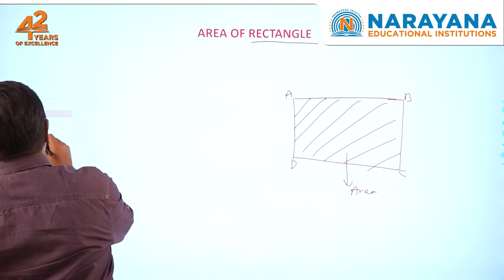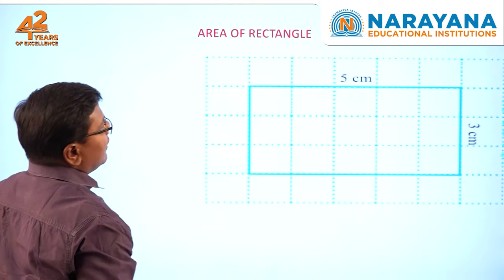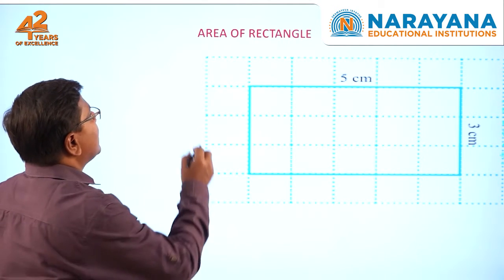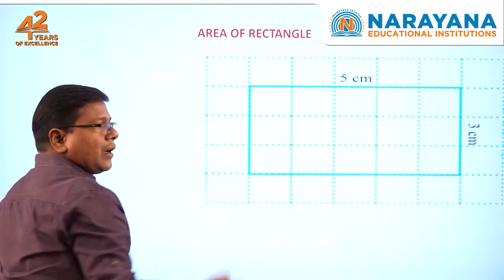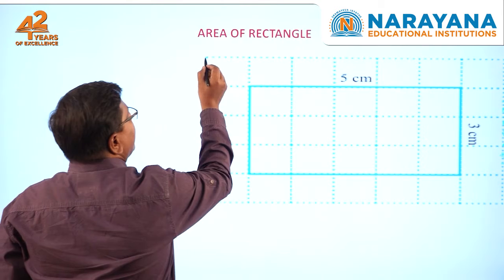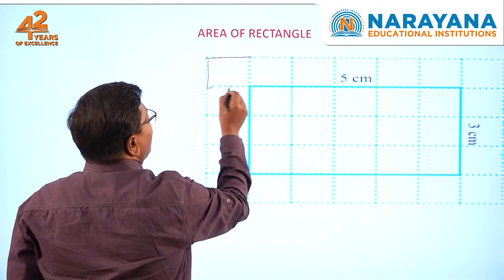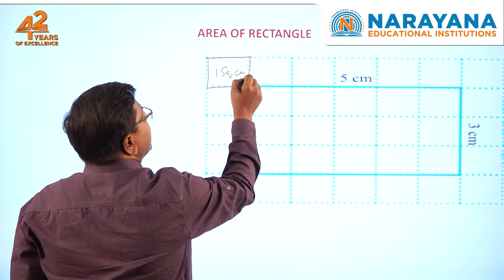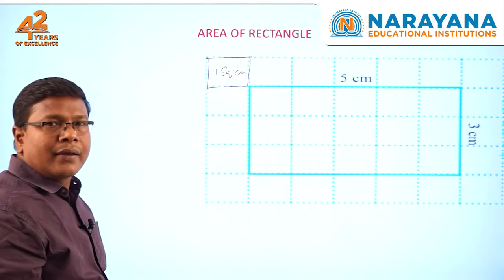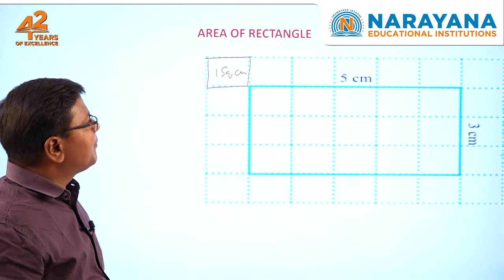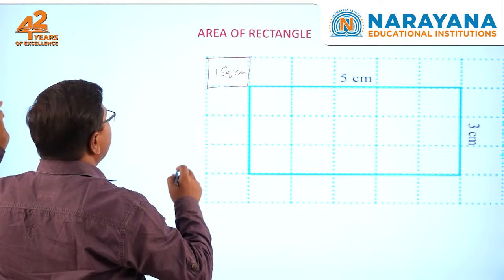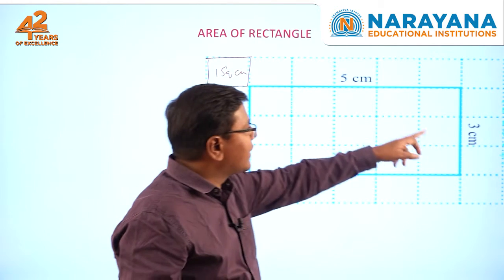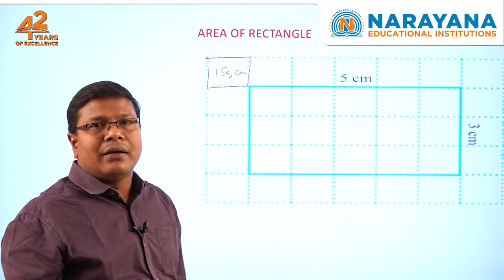Now, for an instant, take one example. Consider a graph sheet where each box gives you 1 square centimeter. That means counting the number of squares inside the rectangle gives the area of that rectangle.